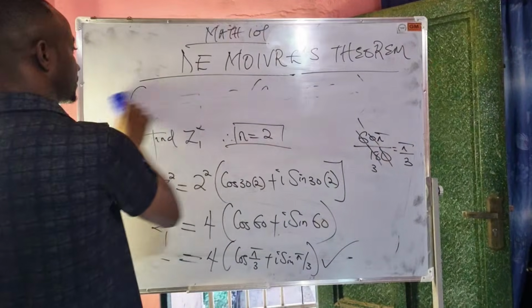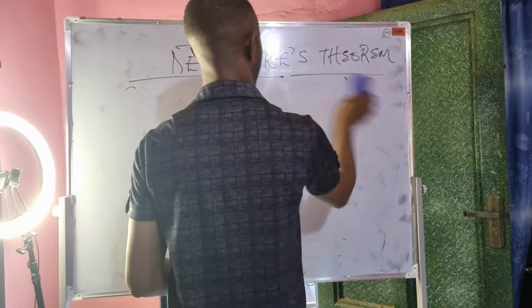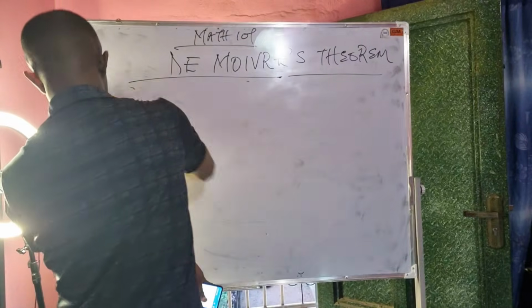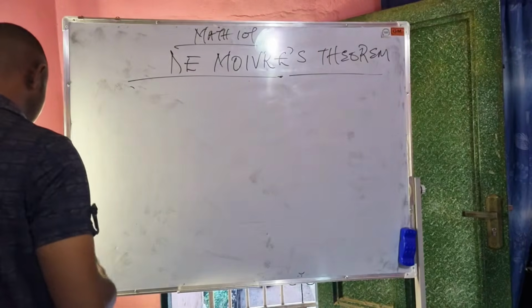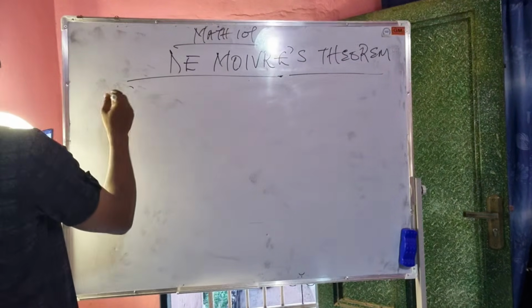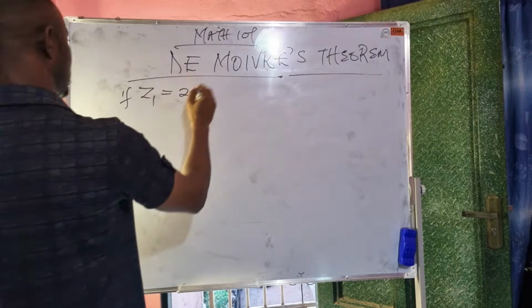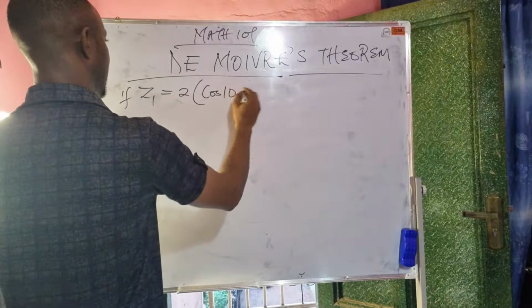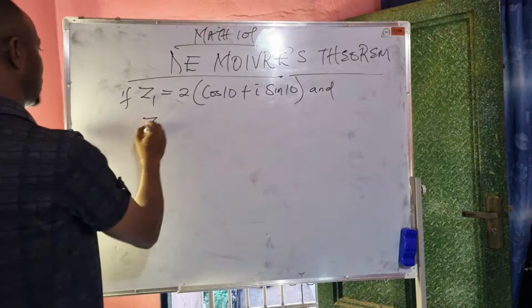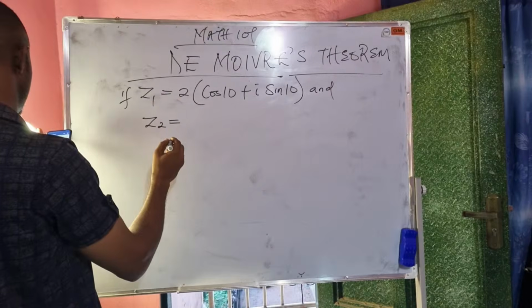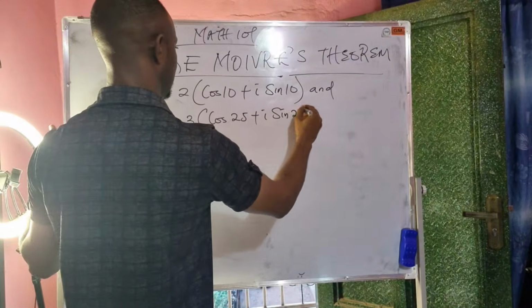The question says, if z1 equals 2(cos 10 + i sin 10) and z2 equals 3(cos 25 + i sin 25).